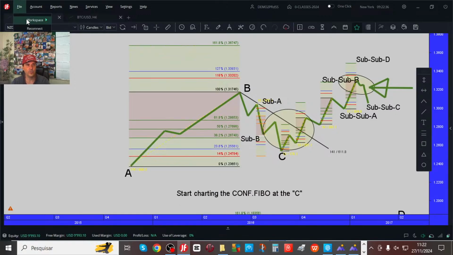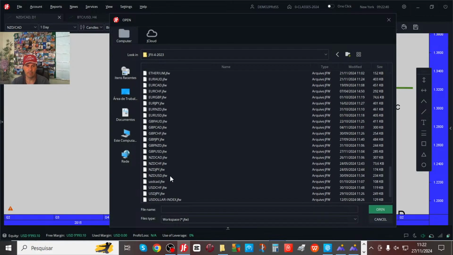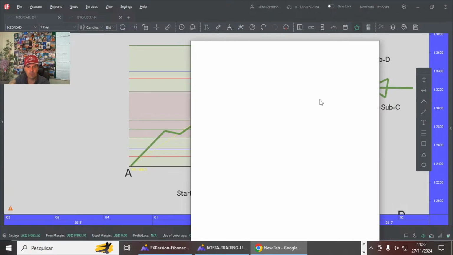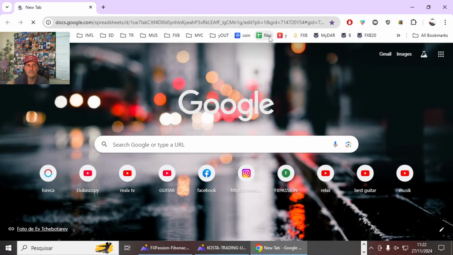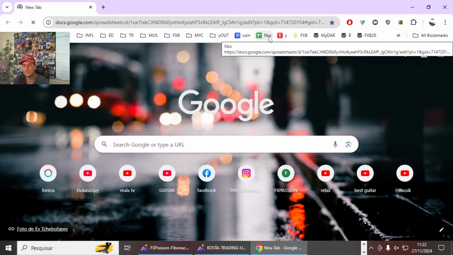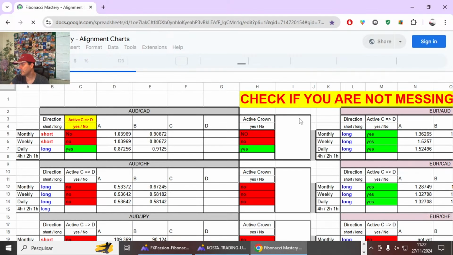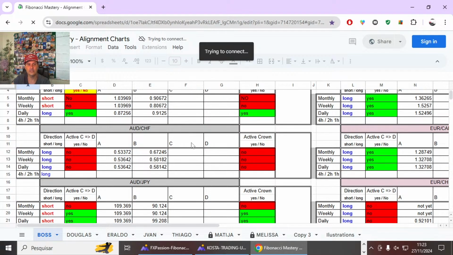Okay, everybody, let's open NZD and build your charts. If you're going to use the Fibonaccis, and remember, everybody, in the Fibonacci Mastery, we are sharing with you the Excel, like this one, so you can check, double check, triple check. You know, boss, I'm not sure about the A, I'm not sure about the B. Can you see here, everybody?